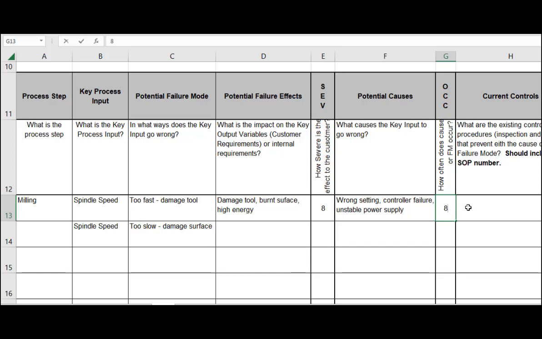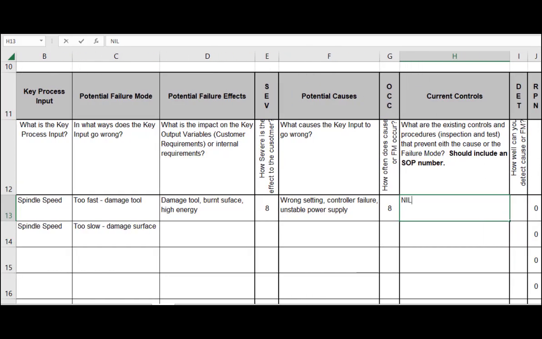Okay. So what are the current controls? Okay, so include the SOP. So the current control to avoid this problem. Okay, so maybe at the moment we don't have any current control, so no current control plan.